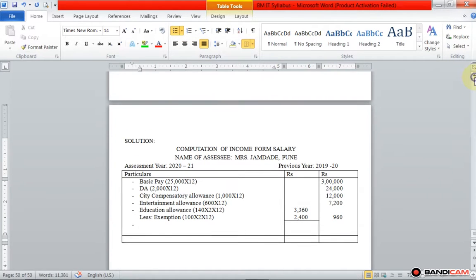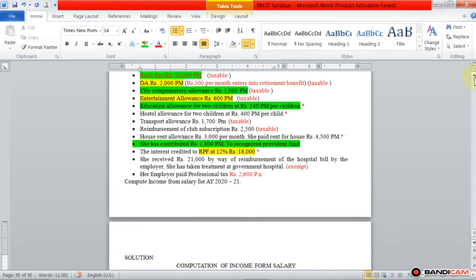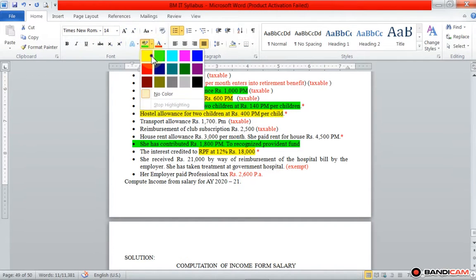Then another allowance given in the problem is hostel allowance. Hostel allowance is taken into consideration now.